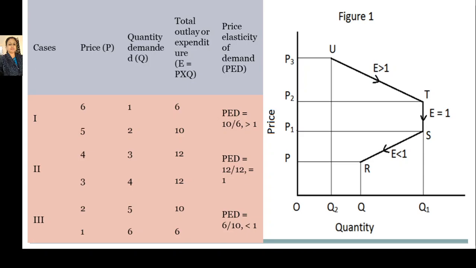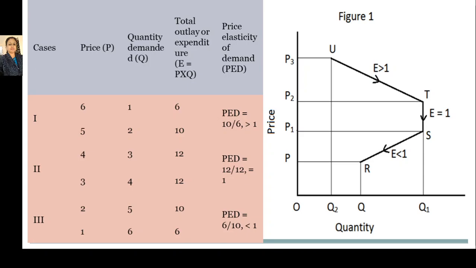And how can we find out the expenditure? We find the expenditure by multiplying price and quantity. So in the first situation, price is 6 and quantity is 1. When we multiply this, we find the total expenditure is also 6. In the second situation, price is 5 and quantity is 2. When we multiply these, we get total expenditure equal to 10.